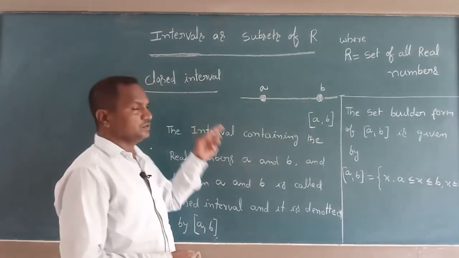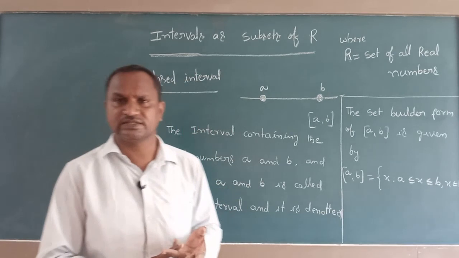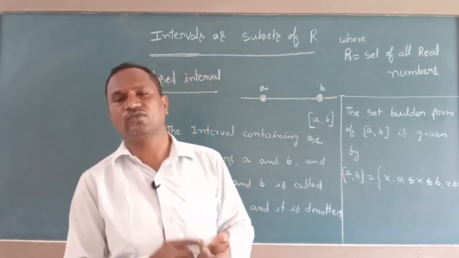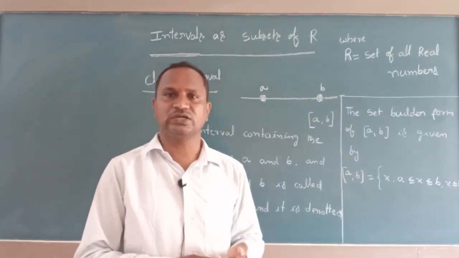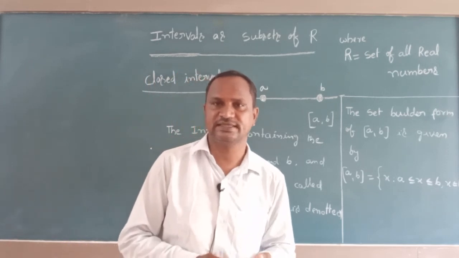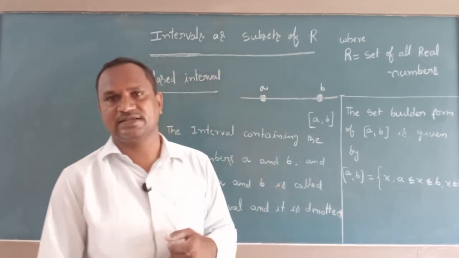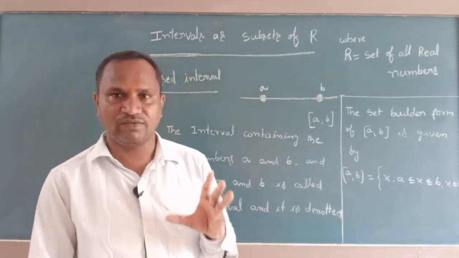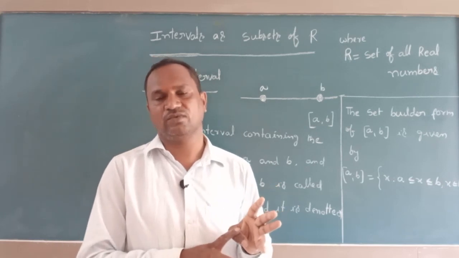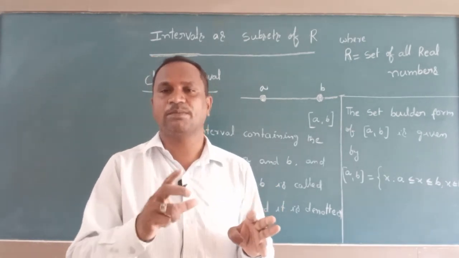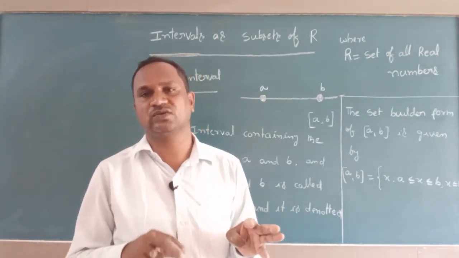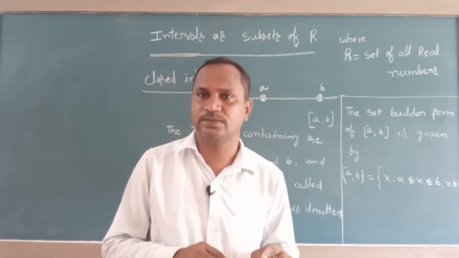Next one is open interval. Next one is half closed or half open. About all this, we will discuss in the next class. Today I have given subsets, what subsets are, and some important points under the note of subsets.